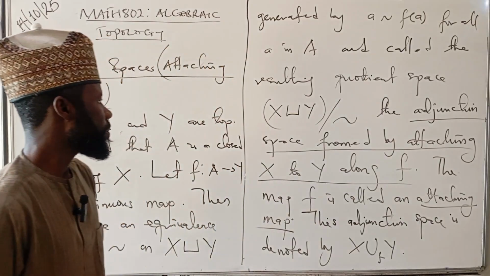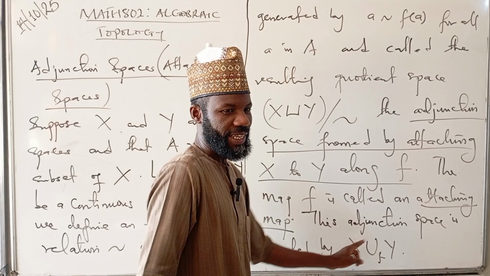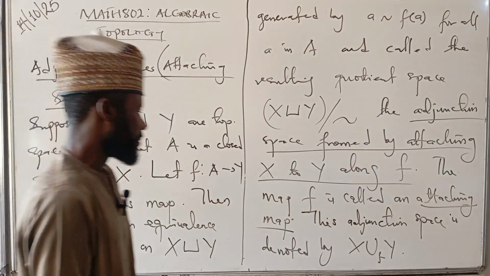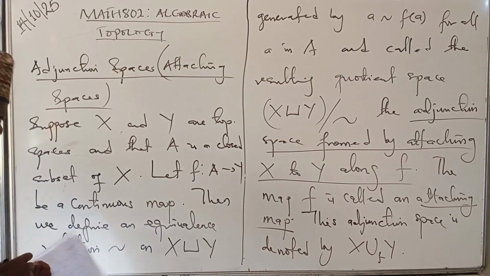The notation includes the attaching map, because all you require is the mapping f and then the subset. The subset is always there, but it should be a mapping from the subset.